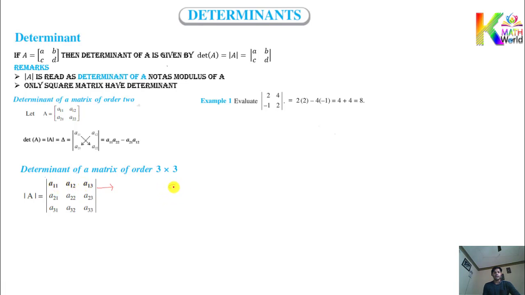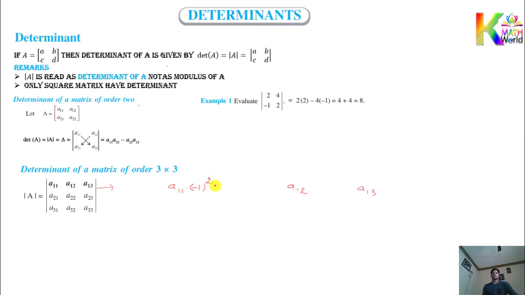Here we have three elements: E11, E12 and E13. Now decide the sign, whether it is positive or negative. For that, this A11 gets multiplied by minus 1 raised to the sum of the suffix numbers, which are 1 and 1. Sum of these two, so 1 plus 1, that will be how much?